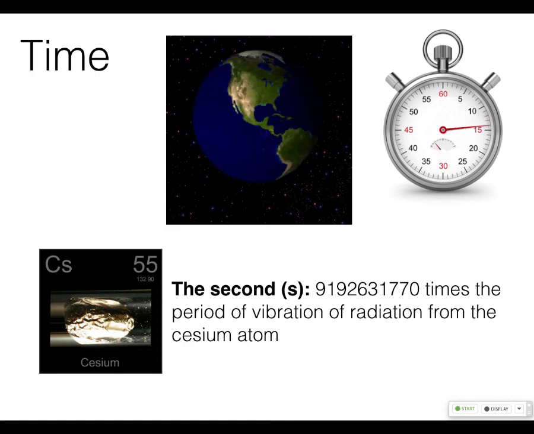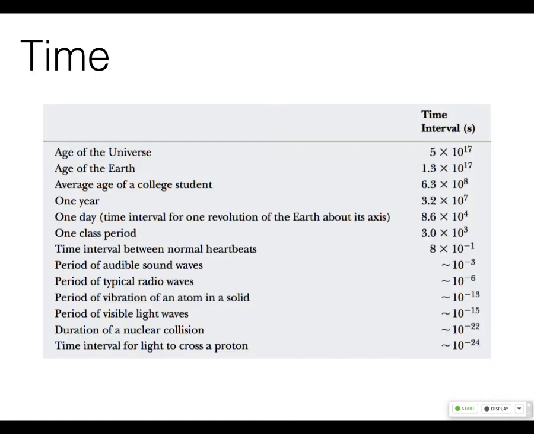Okay, so some scales of time. Age of the universe, approximately 10 to the 17 seconds. If you really want to know how we know that, you can take a cosmology class. Age of the Earth, slightly smaller, 10 to the 17. Average age of a college student, about 10 to the 8 seconds.